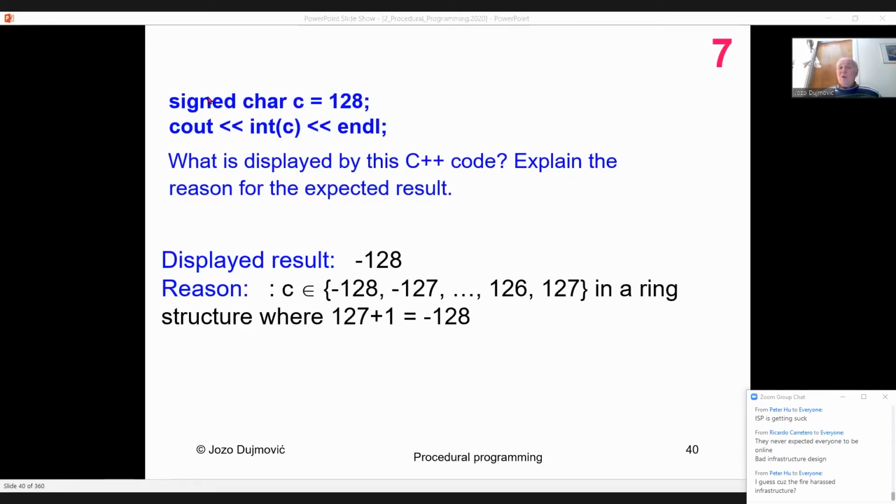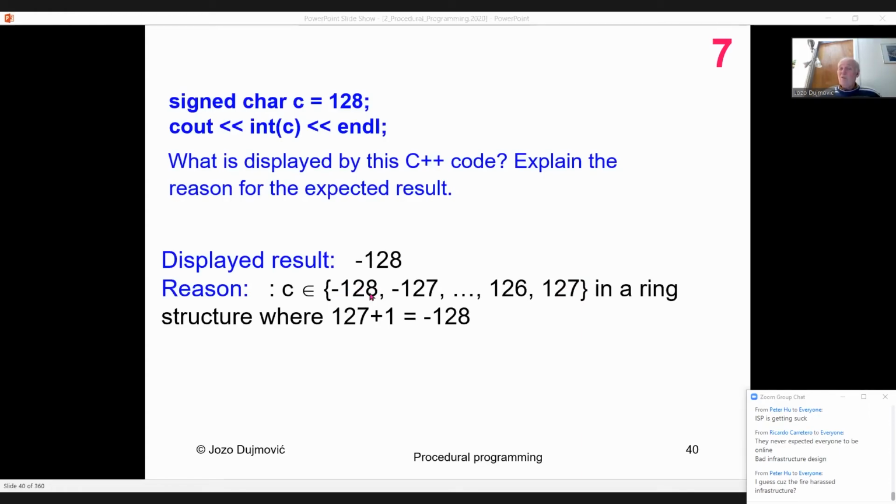Now, we have a signed character. We want to watch the small values and say c is 128. After that, we display the integer of c and say, show me what is displayed. The displayed result, of course, is not going to be 128. It is going to be minus 128. Why? Because a signed character has the largest value of 127.